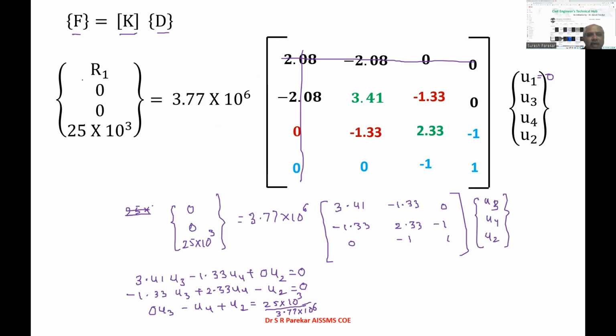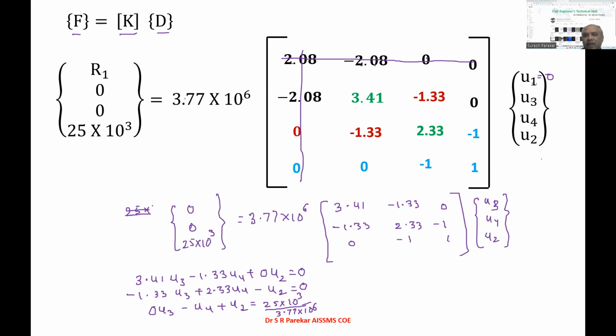So R1 is equal to, we have to multiply 2.08 into U1. It is 0 because U1 is 0. Then minus 2.02 into U3, U3 we have calculated. Then 0 U4, 0 U2.